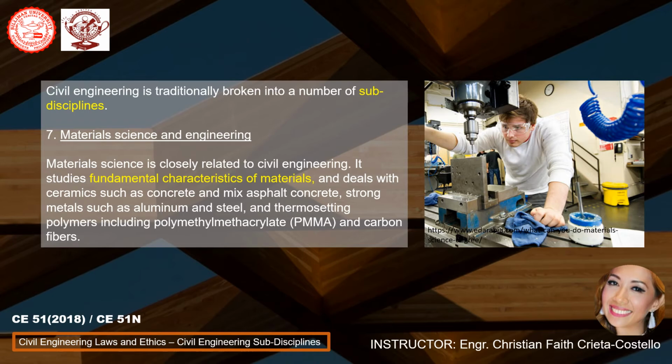So this is a subdiscipline wherein if you want to make a new product, for example, concrete hollow blocks, the original components of concrete hollow blocks are only cement, sand, and water.